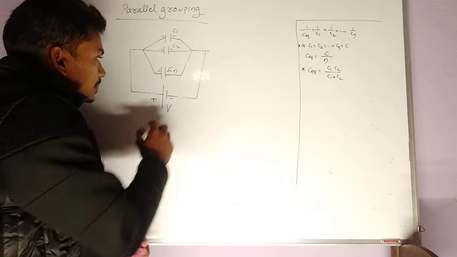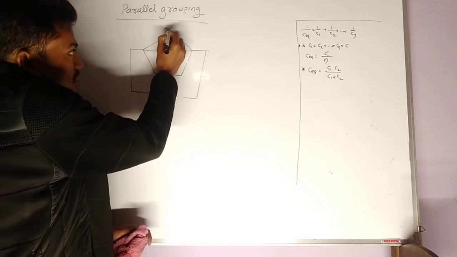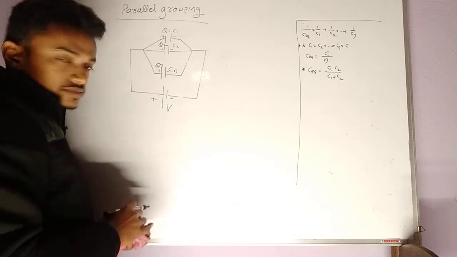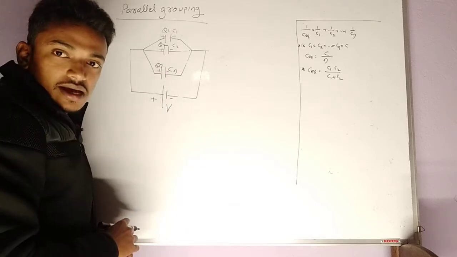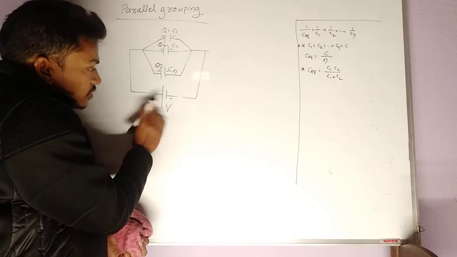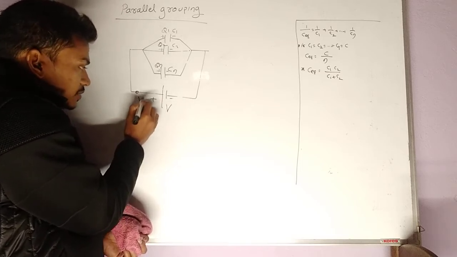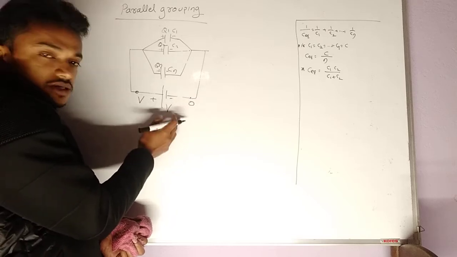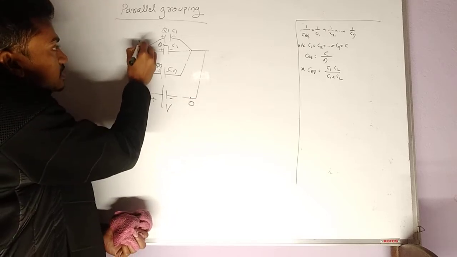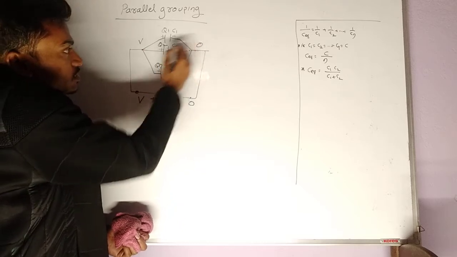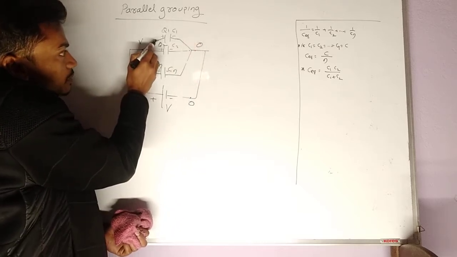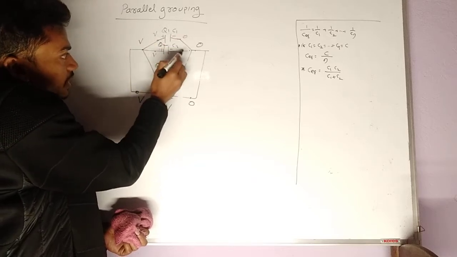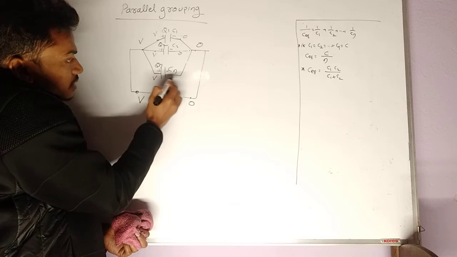In parallel grouping, the charge on each capacitor is different. These are Q1, Q2 and Qn. This is the battery, and the potential difference across this battery is V. Suppose this point has potential V and this is 0, so the potential difference is V minus 0, that is V. Each of these points is also at potential V, and the others are 0.